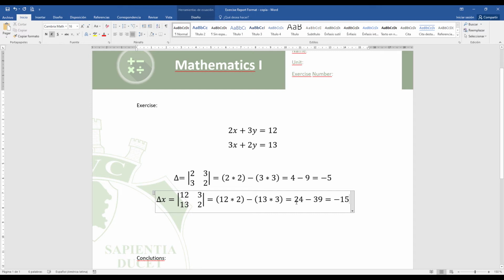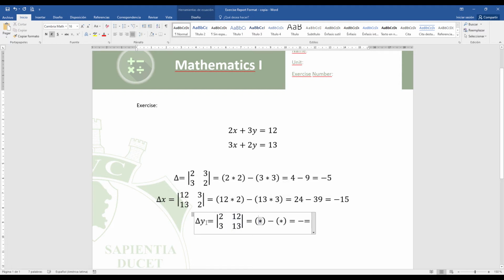Now we will use it again for the next delta. This is delta y. Here we use the first values of x and the values of the right side of the equation, so this is 12 and 13.